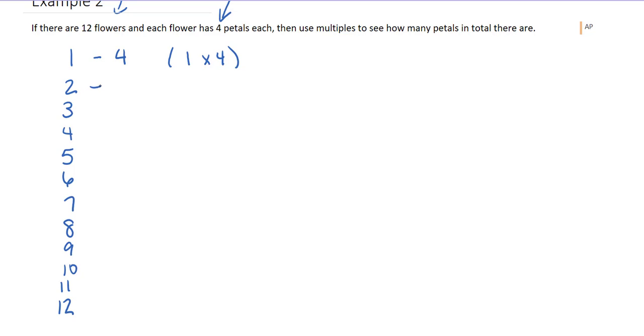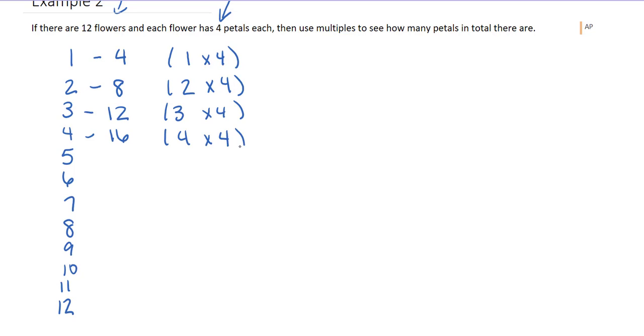Now for the second one, we're going to go 2 times 4. So that's 8. Then we're going to go 3 times 4. That's 12. See how we're just adding 4 to each one? So if we just added 4, that'd be 16, which is 4 times 4.